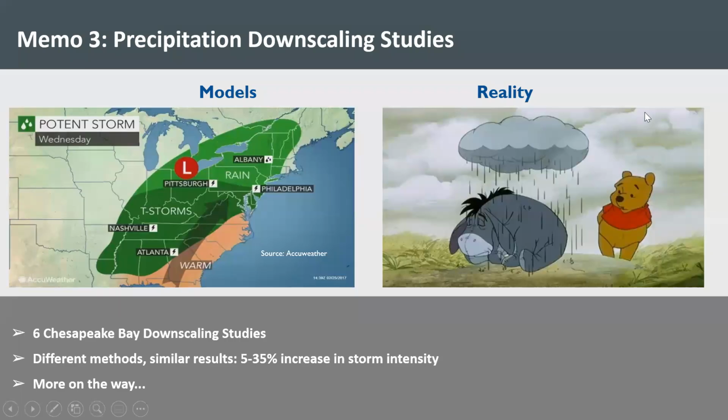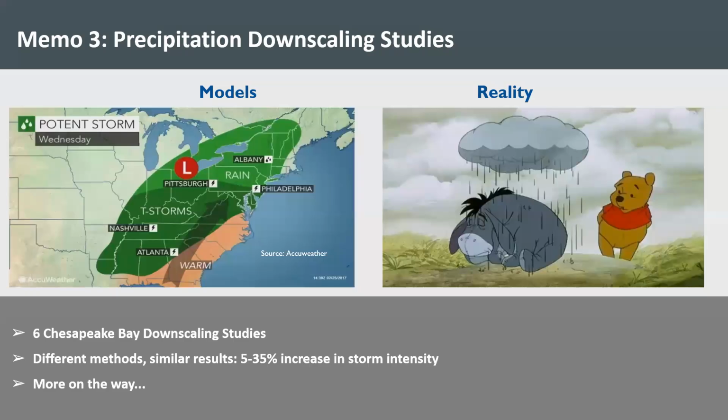The third memo gets into the review of the research that's been done in the last probably 5 to 10 years on downscaling future precipitation, right? So if we know that the precipitation in the past is not going to give us a good sense of what the precipitation will be in the future, we need to use our models to figure out what that looks like.